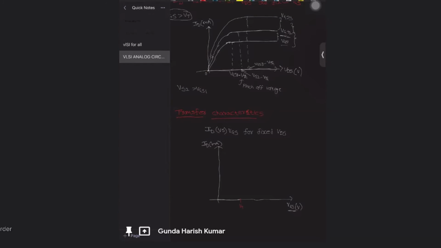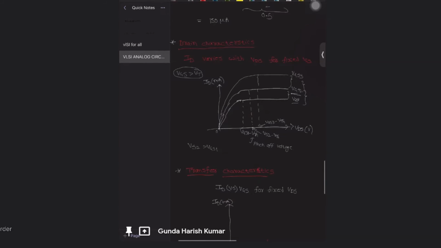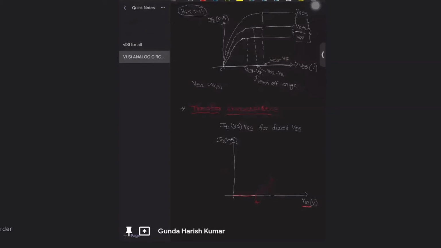We can see that if VGS is less than VT, there will be no drain current. Suppose this is VT. Here there won't be any channel formation, so my drain current will be 0. As VGS becomes greater than VT, first it will go into saturation.